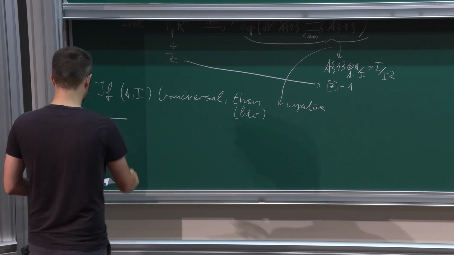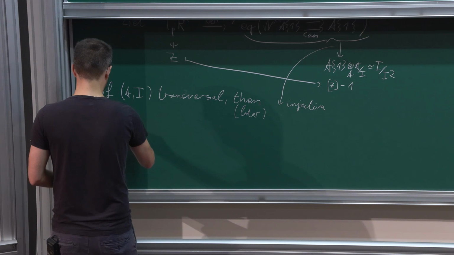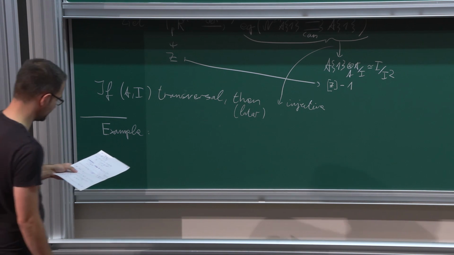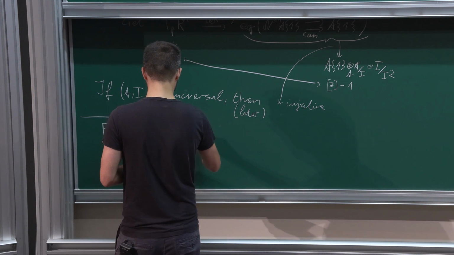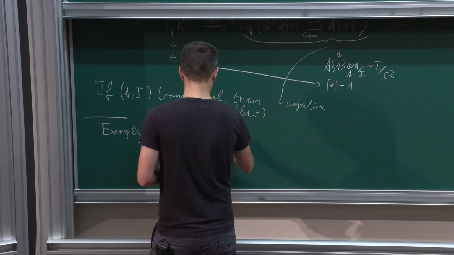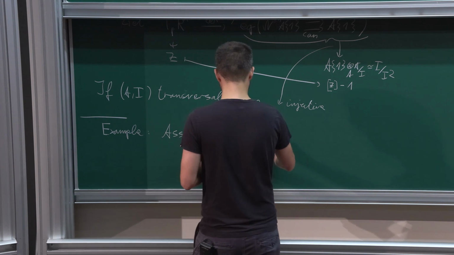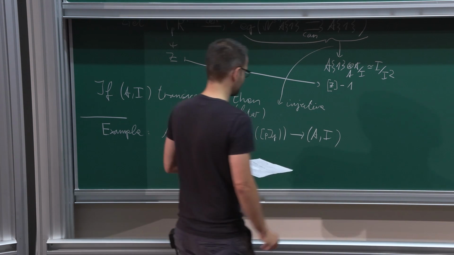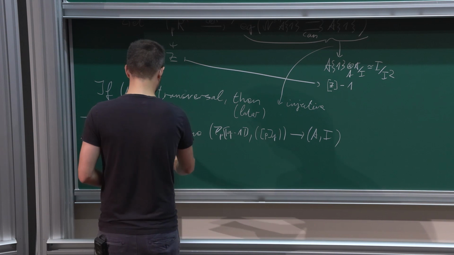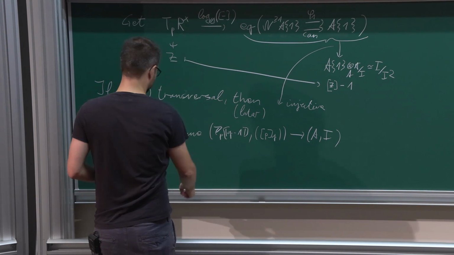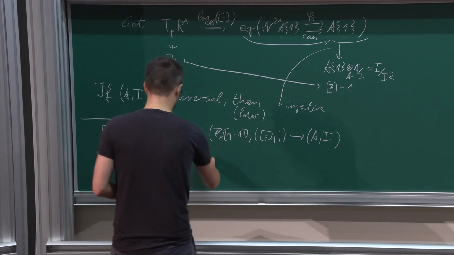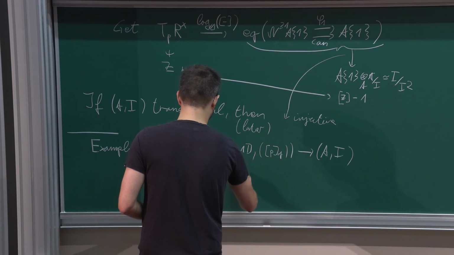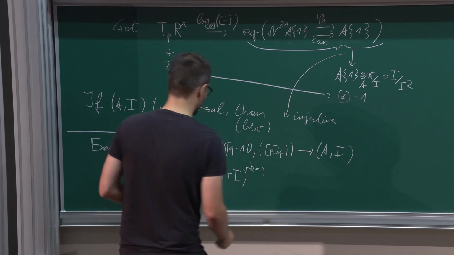Now let me make the prismatic logarithm more explicit in a certain situation, namely, let us assume that there exists a map from the cyclotomic prism to A. And so in this situation, we see that q to the p is an element which lies in the domain of the prismatic logarithm.